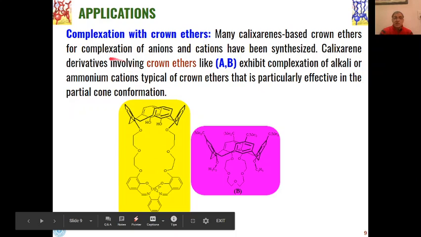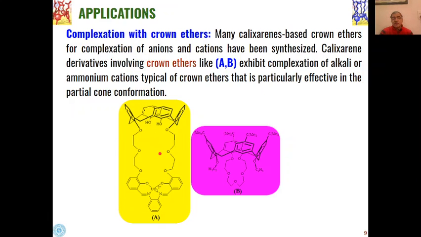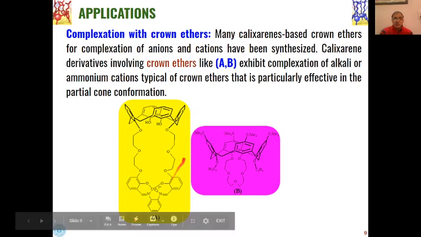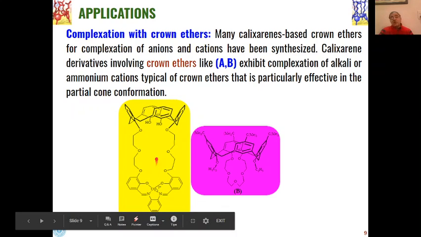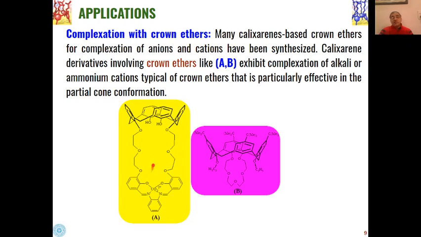So they can complex with anions as well as cations based on the presence of these hydroxyl groups in calixarenes and these oxygen atoms in case of crown ethers.